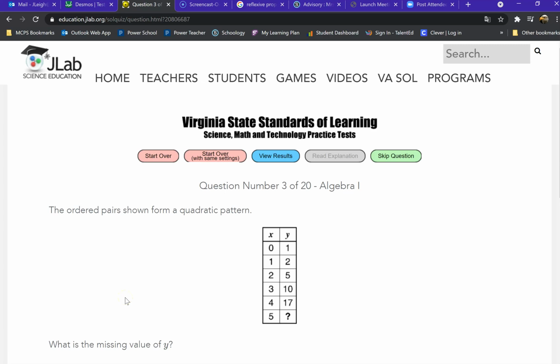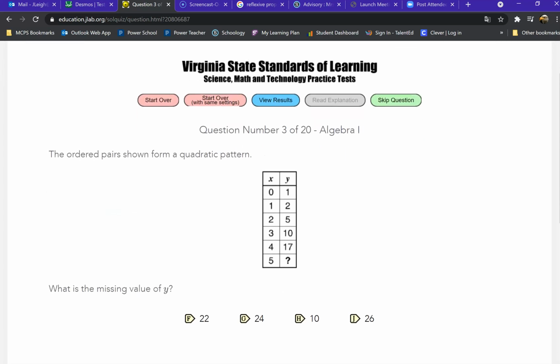Number 3. The ordered pairs form a quadratic pattern. What is the missing value of y? This is another one of those problems where Desmos is your good buddy. So I'm going to take the information in this chart and put it in Desmos.